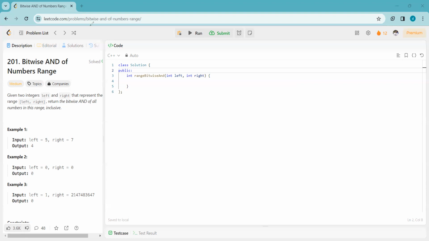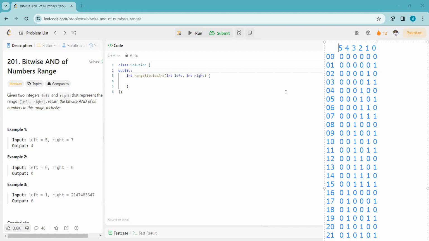Let's deep dive into this pattern. We have written the binary of the numbers from 0 to 21, and we will try to observe some patterns. If we see the 0th bit, the values repeat: 0, 1, 0, 1, 0, 1.